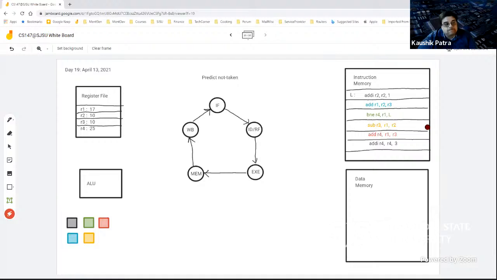And let's also assume there is no data hazard or the data hazard has been mitigated. So that's not a focus of this discussion. We solely focus on this control hazard scenario.